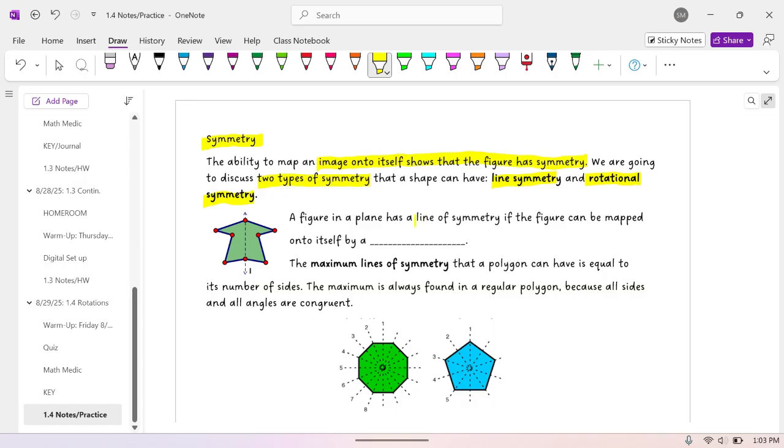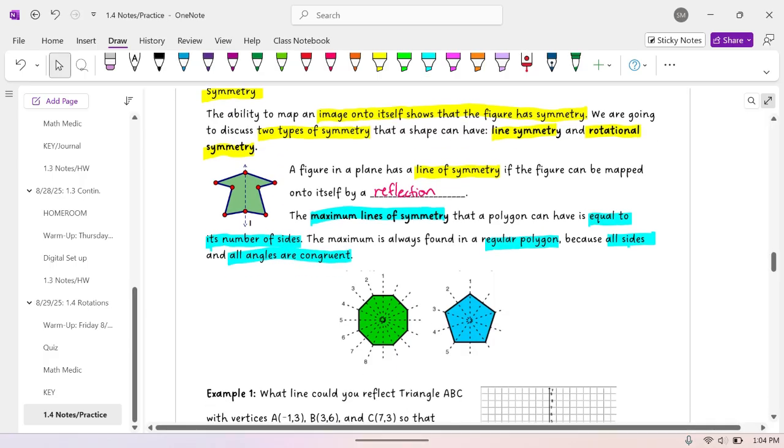Now, if we're talking about a line of symmetry, that means the figure can be mapped onto itself by a reflection. The maximum lines of symmetry that a polygon can have is equal to its number of sides, and the maximum is always found in a regular polygon because all the sides and all the angles are congruent.